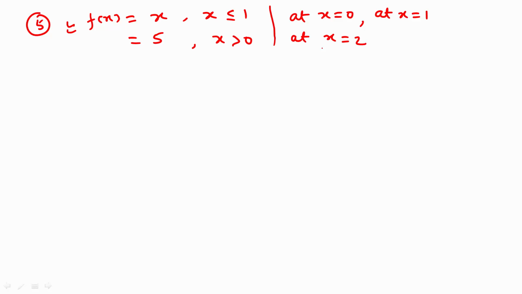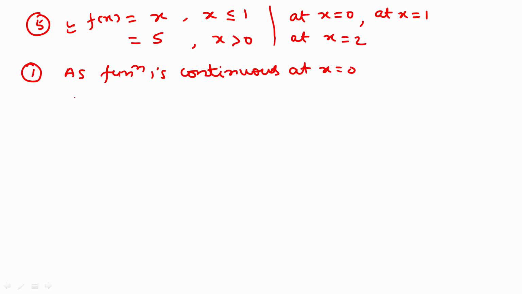In the first case, at x is equal to 0, as the function is continuous at x is equal to 0, limit x tends to 0 f(x) is equal to f of 0.